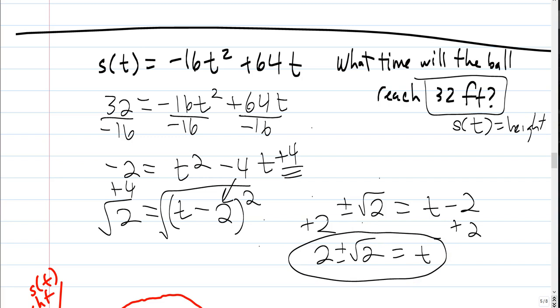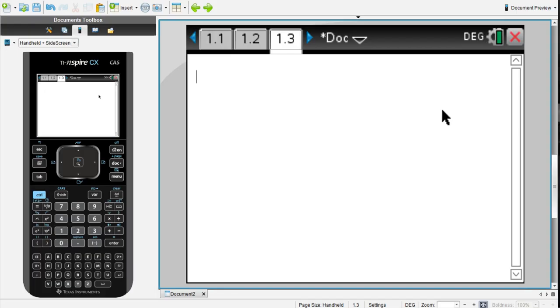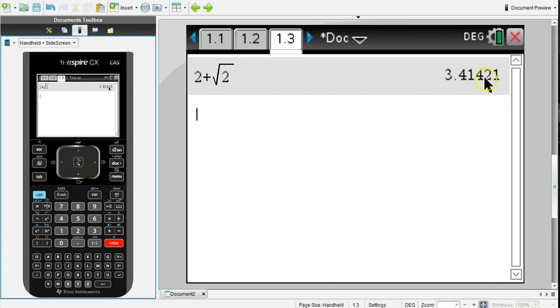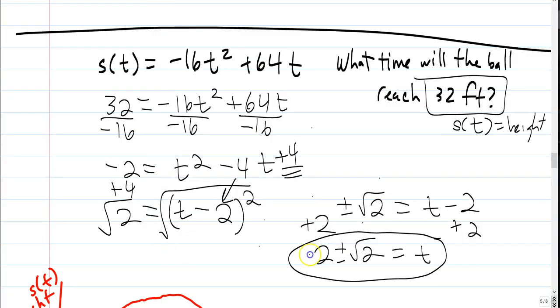We're dealing with time, so here's where I would go to my calculator and ask, what is 2 plus the square root of 2? So 3.41 approximately. That answer makes sense. After about 3.41 seconds, the ball will be at about 32 feet.